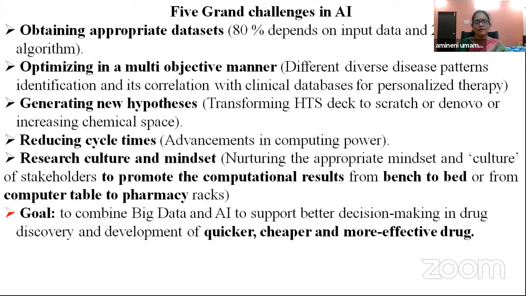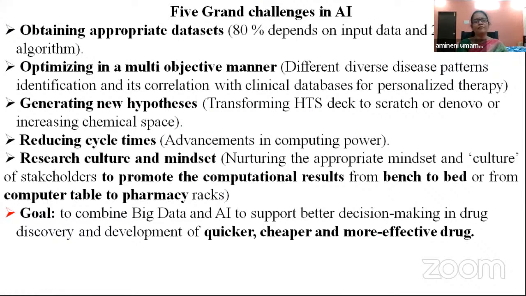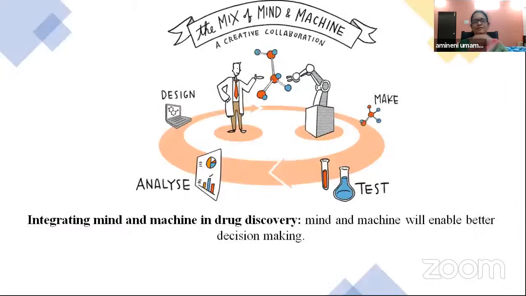To analyze this we need artificial intelligence, as with the human brain we cannot analyze it. By amalgamating big data with artificial intelligence, we can get good decisions. Finally, our goal is to get quicker, cheaper, and more effective drugs. So this is the take-home message.